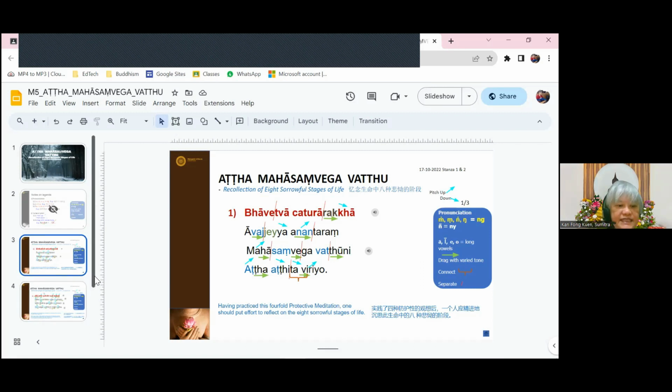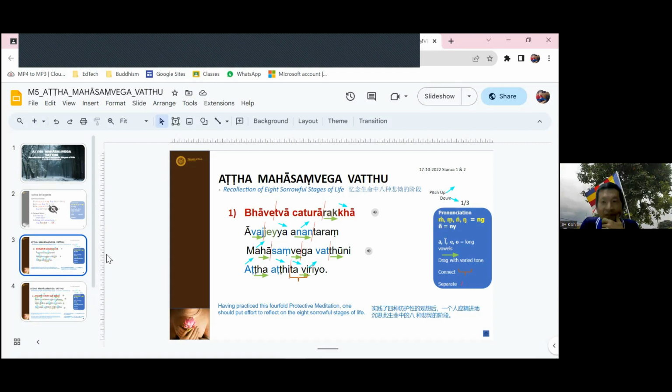If you want to see the original, I can send you the link. Are you in the Google Classroom? You can see that we have the original slides with compilation of all the 9 suttas, without any additional marks, no notation.